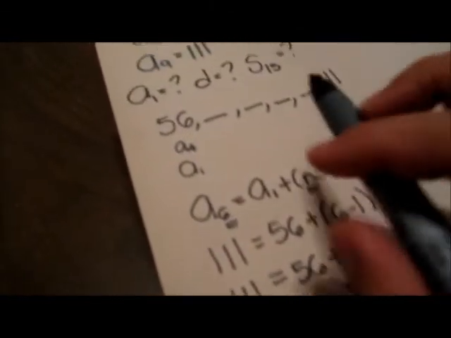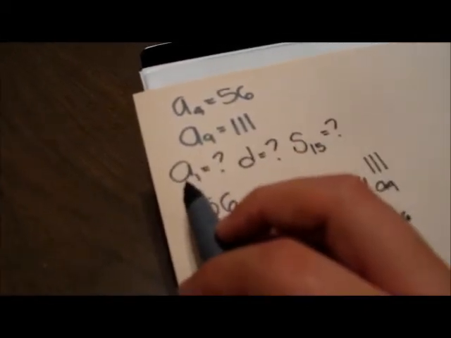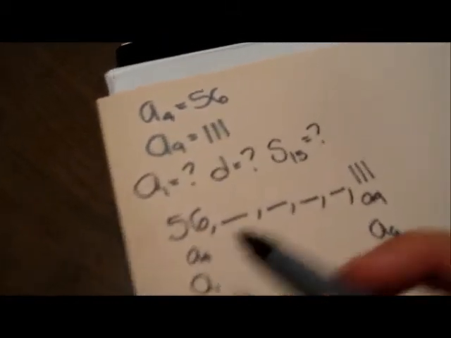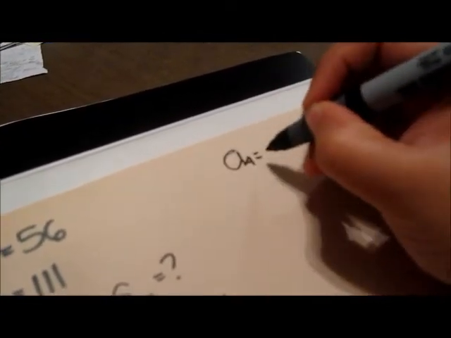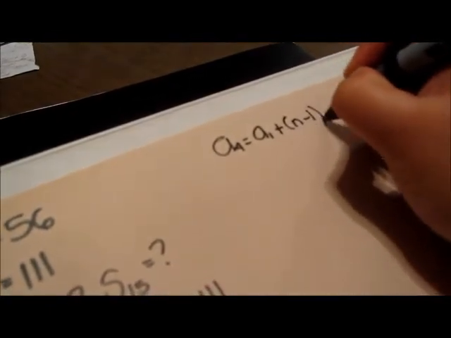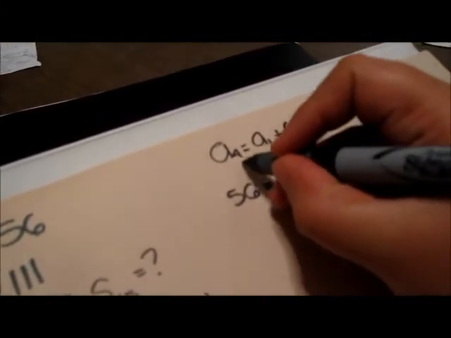Now, with the difference, we are able to find the first term. We can choose either a9 or a4. Let's use a4. If we choose a4, we will have our formula a4 equals a1 plus n minus 1 times d. a4, we have it here, is 56. a1, we don't know, that's what we are looking for, and n equals this little number.